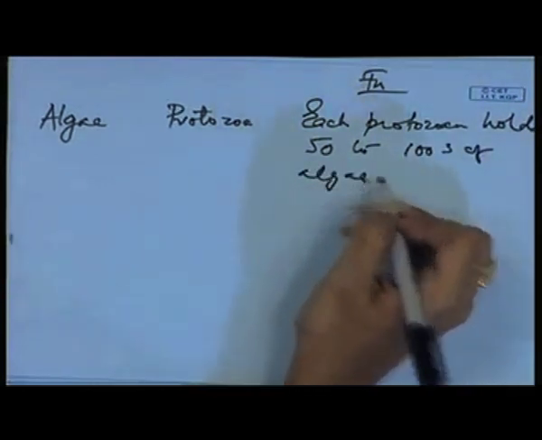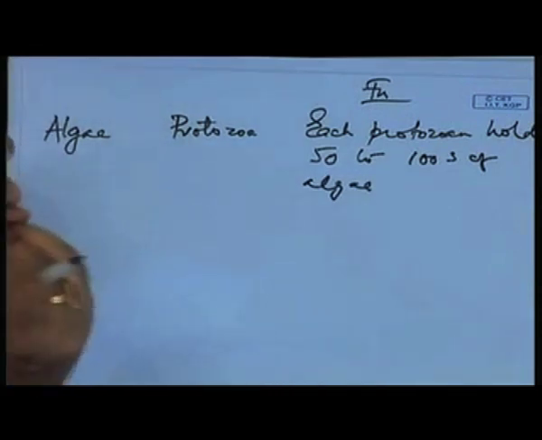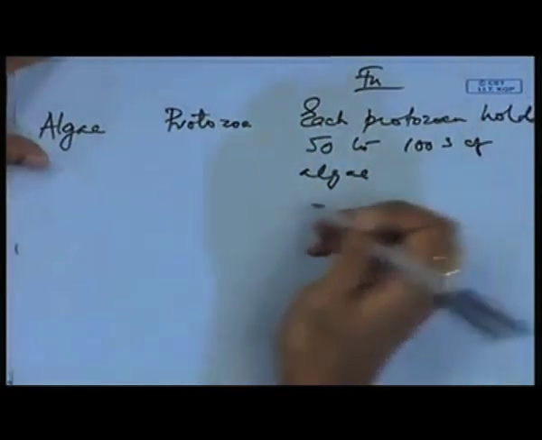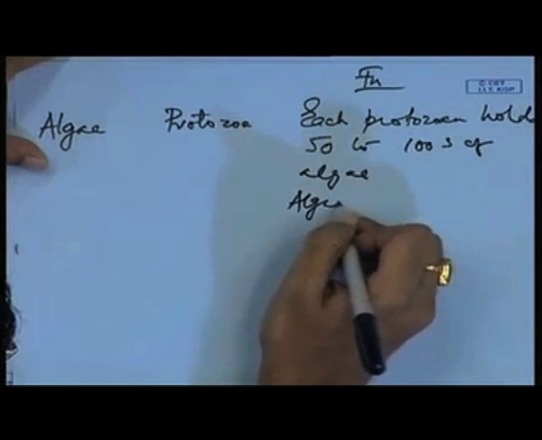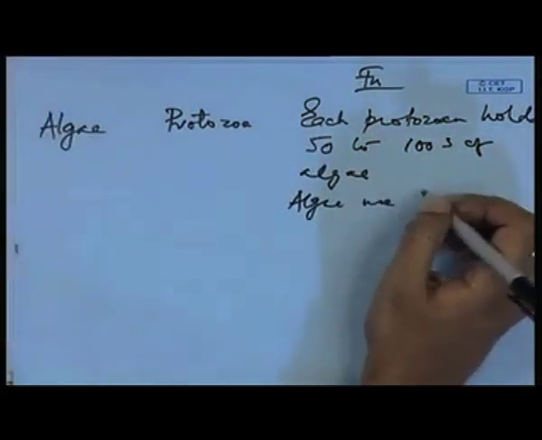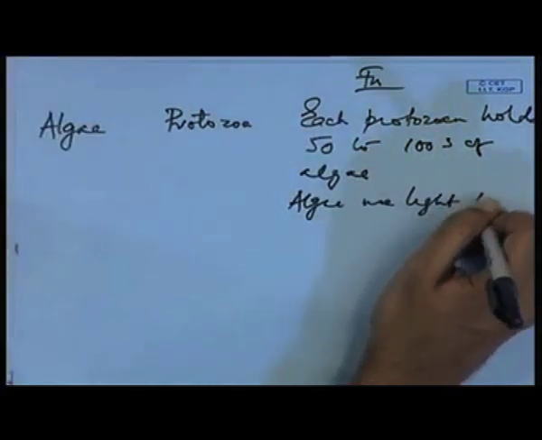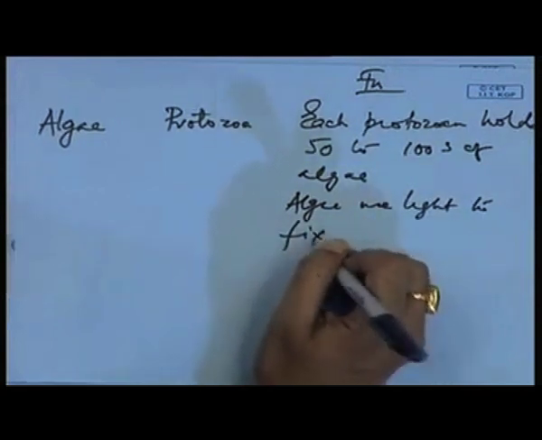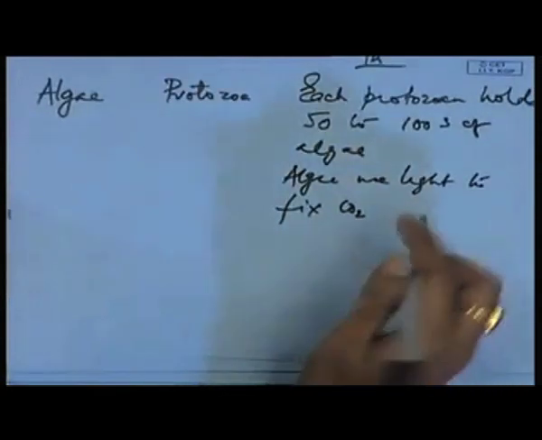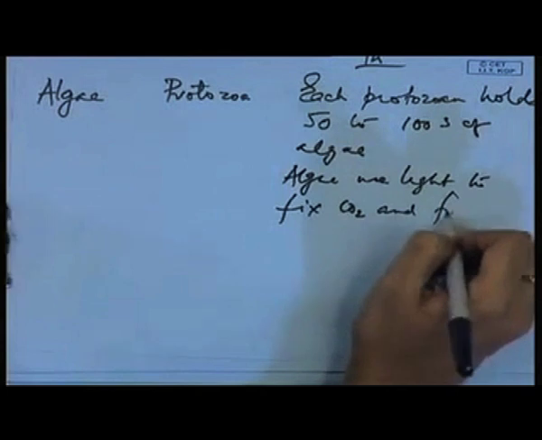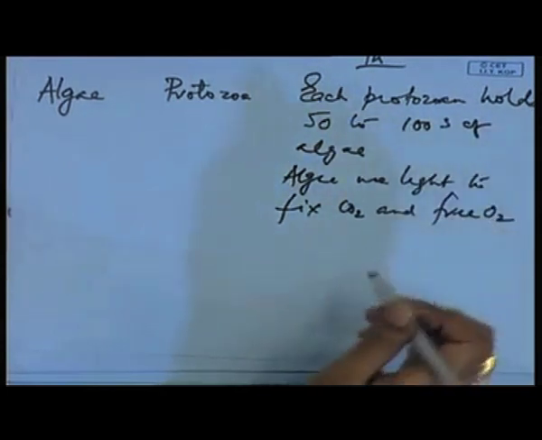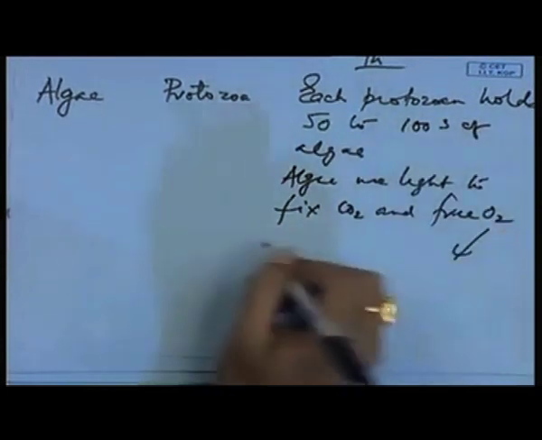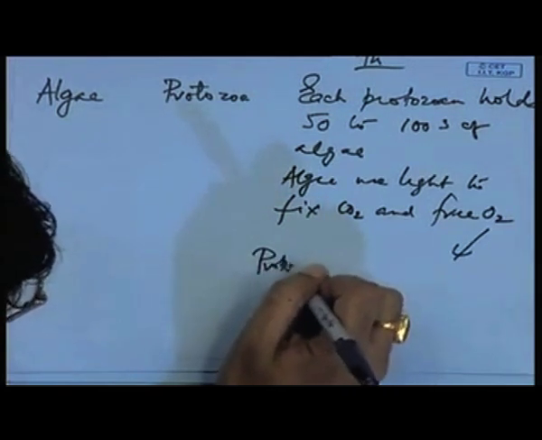And what does algae do? It is well known what an algae does. The algae use light, photosynthesis, to fix carbon dioxide and free oxygen. Okay. So, this oxygen could be used by the protozoa.